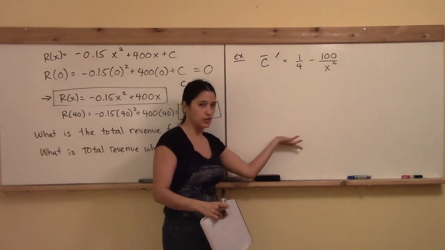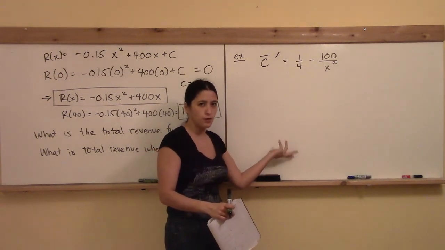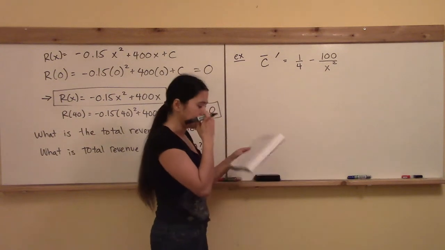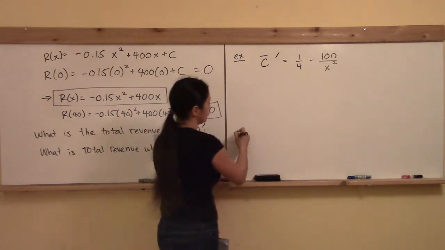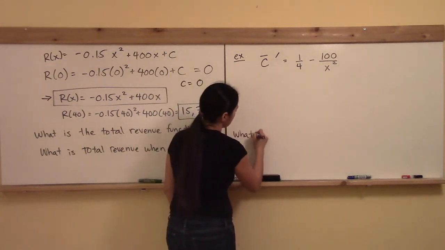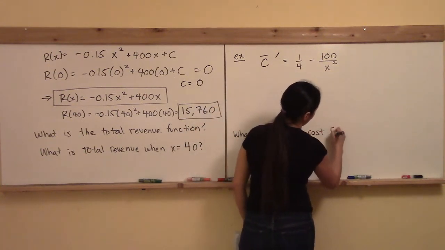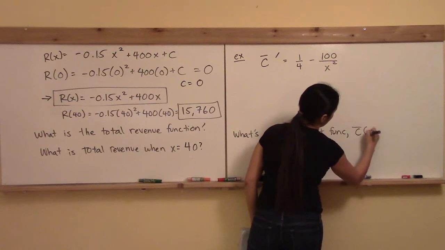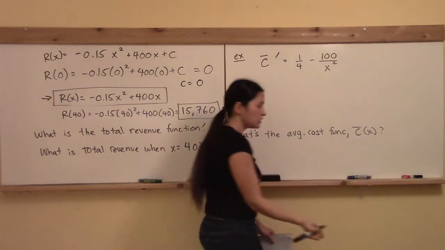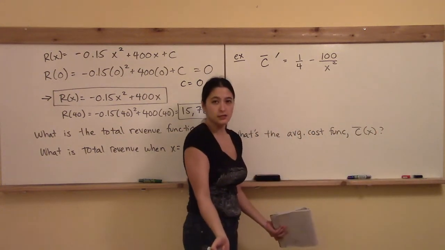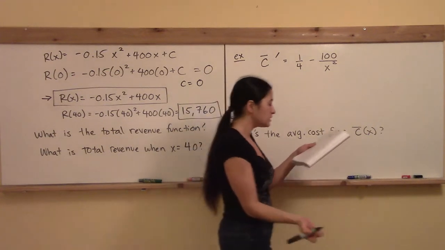But when you integrate it, you're going to get a plus c. And what are you supposed to do about that? This is not enough information to answer the question, what's the average cost function c bar of x? How am I going to solve for the plus c? So you have to give me a point.